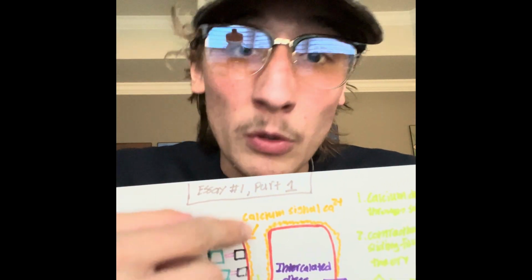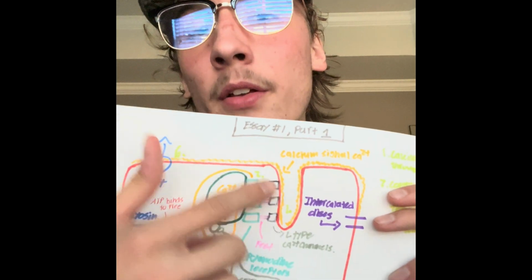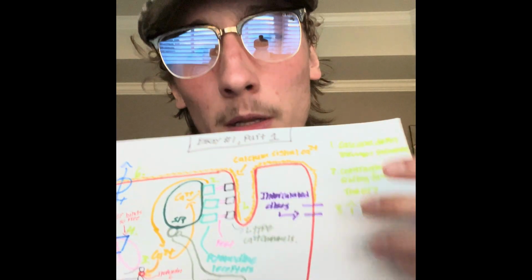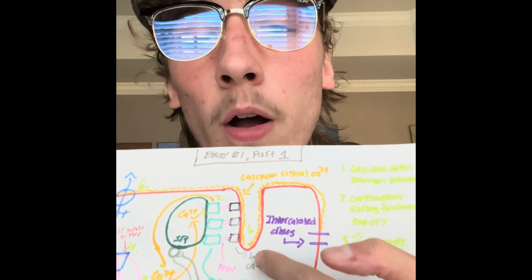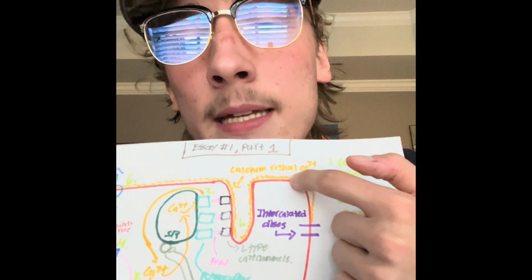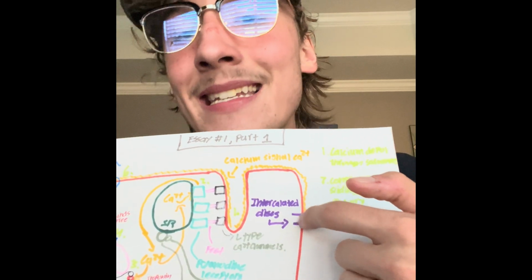So the signal dips deep into the Mariana Trench, deep within the muscle cell, so then it can initiate this process of contraction through something known as the sliding filament theory. So that signal needs to go deep within the cell to initiate this. But look at this. The signal continues across the surface of the cell until it reaches intercalated discs.